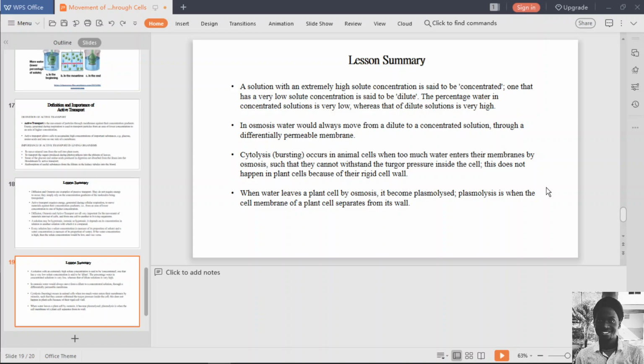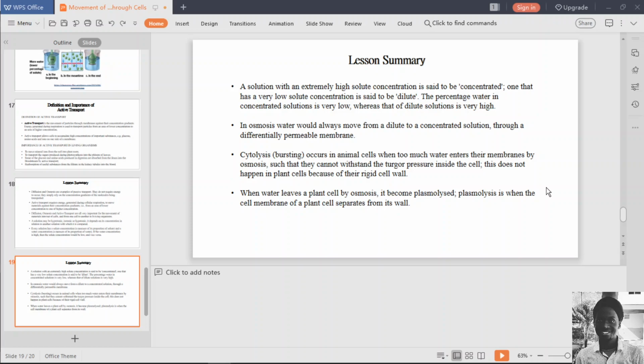Okay? Cytolysis or bursting occurs in animal cells when too much water enters the membranes by osmosis, such that they cannot withstand the pressure inside the cell. This does not happen in plant cells because of the rigid cell wall. Okay? Remember that. The last point is that when water leaves a plant cell by osmosis, it becomes plasmolysed, and plasmolysis is when the cell membrane of a plant cell separates from its wall.